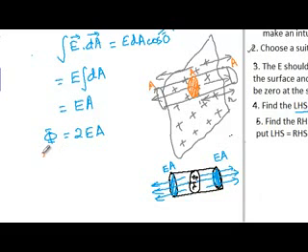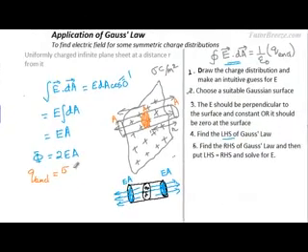So the charge enclosed, Q enclosed, is equal to sigma times A. If you just take a look at the units, sigma is in coulomb per meter square and the area will be in meter square. So we get the charge enclosed which is in coulombs. Now we'll equate the total flux with the charge enclosed over epsilon naught.